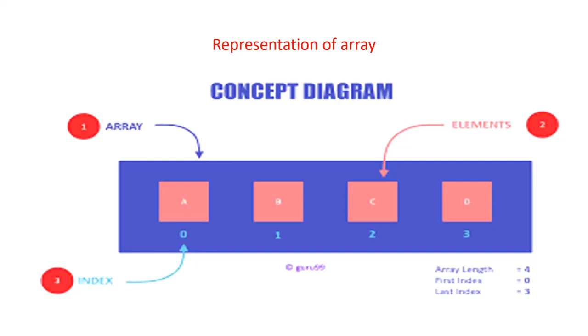The array starts with index 0. So here the length of the array is 4, but the index starts with 0. Here the first index or lower bound is 0 and the last index or upper bound is 3.